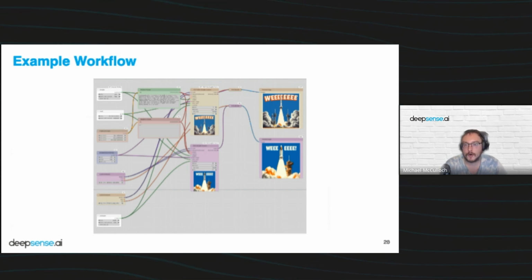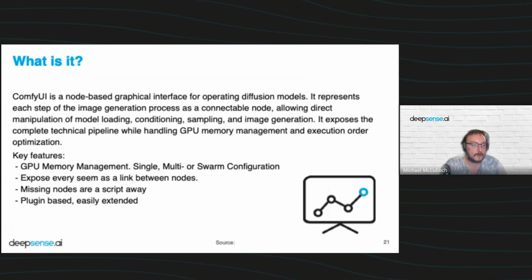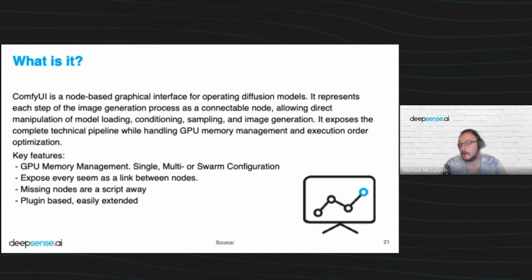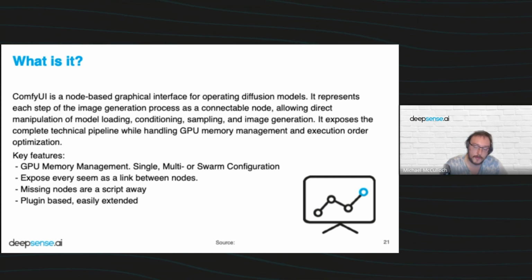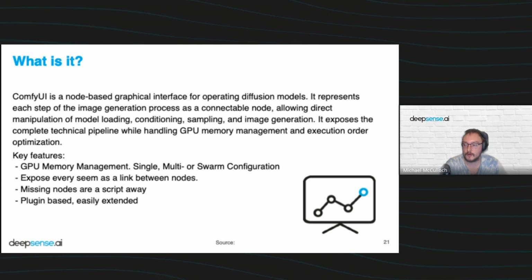That's really the problem that ComfyUI aims to solve, and maybe some of you have worked with workflow tools before. This is very similar. It's a node-based GUI for operating diffusion models. It exposes every seam between pieces of the pipeline as a node or a link between the nodes, manages memory, and generally makes it possible to run pretty much all of these Stable Diffusion models on pretty basic consumer hardware.